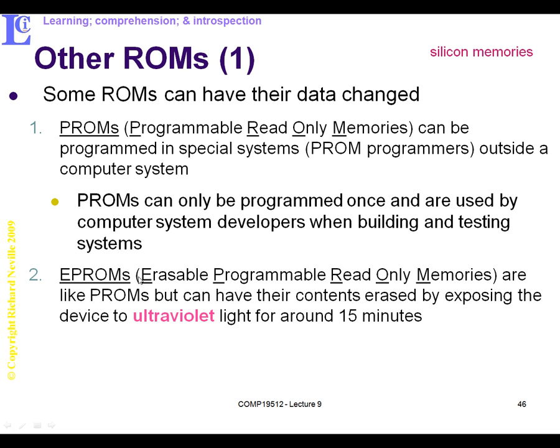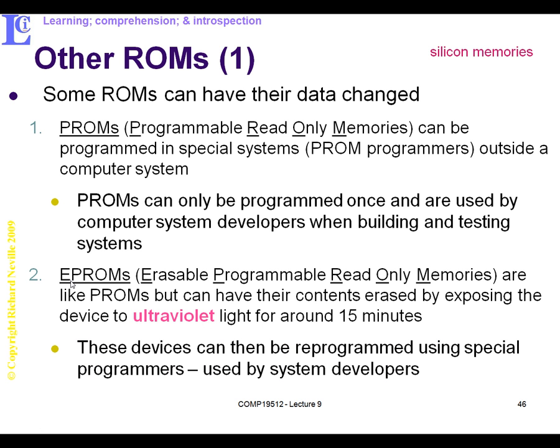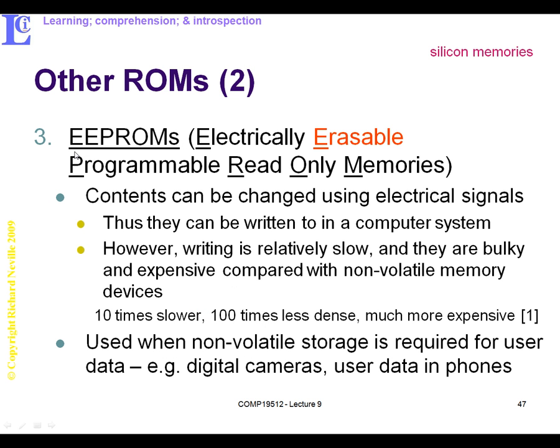And these will be used in the development phase of a computer, an embedded system. And these devices, the EPROMs, can be reprogrammed, whereas PROMs are one-time programmable and they're not reprogrammable. So these are used by developers, by the end system builders, which build them at a particular price.